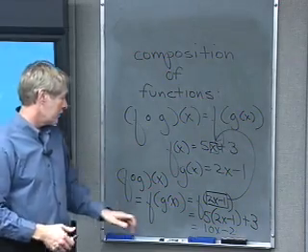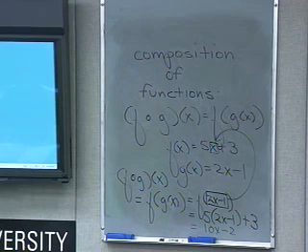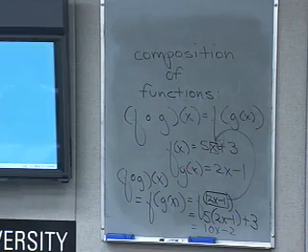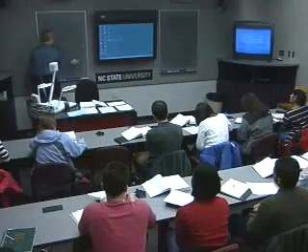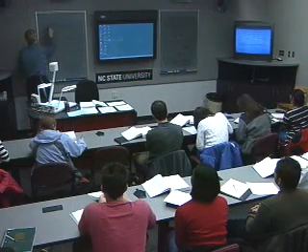Would you expect the g of the f to be the same thing? Now, it's a rare situation when they are the same, right? So the g of the f.